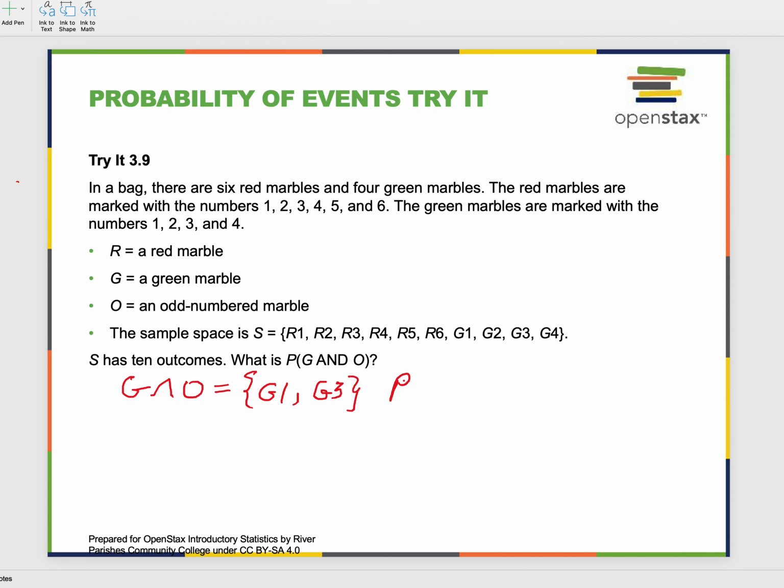The probability of green intersection odd, and it's hard to distinguish between an O and a 0, so you've got to be careful about using O as a delimiter. How many items are in that intersection? There's 2. And what's the total number of outcomes? 10. We reduce that to 1 out of 5, or 0.2, or 20%.